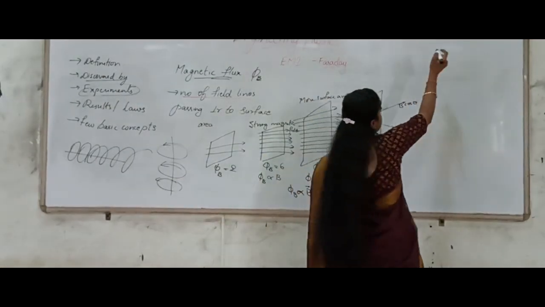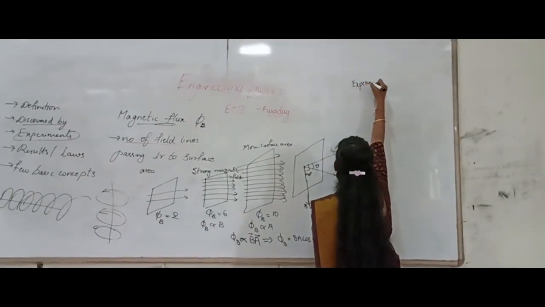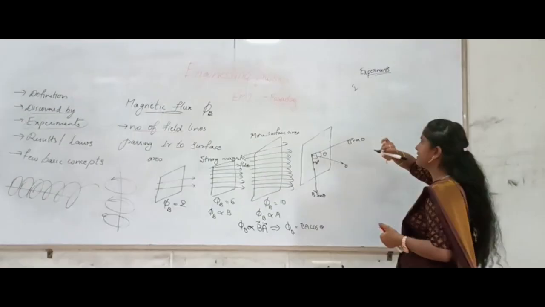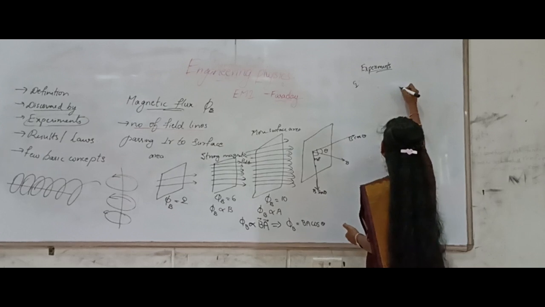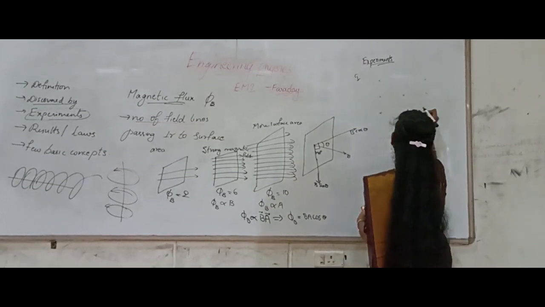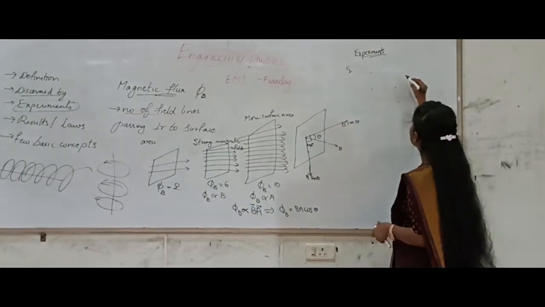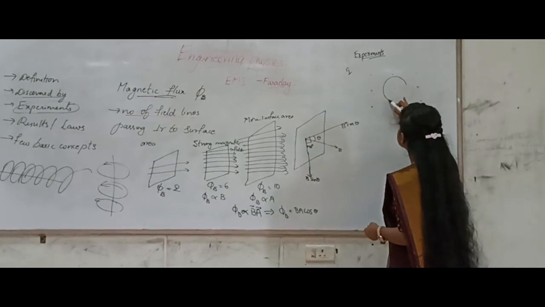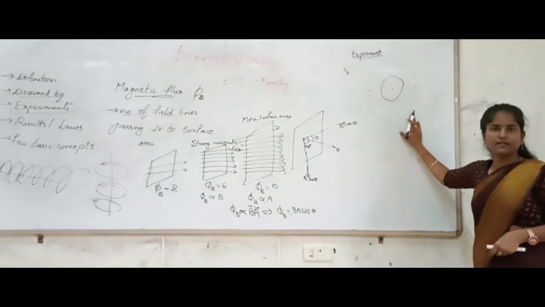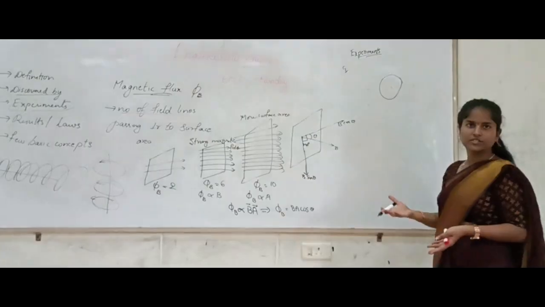First experiment: he took a steady magnetic field. This represents that it is coming out of the board along the Z axis. Now he placed a conductor in this steady magnetic field, but what he observed is that nothing changed. There is no change, nothing to observe.